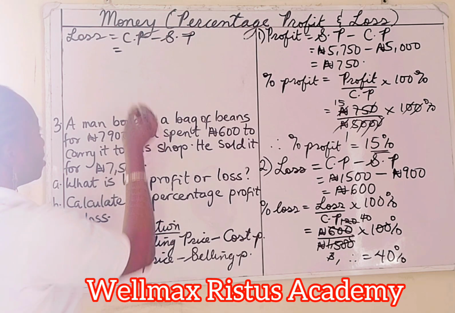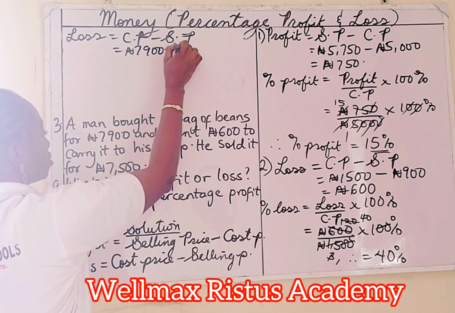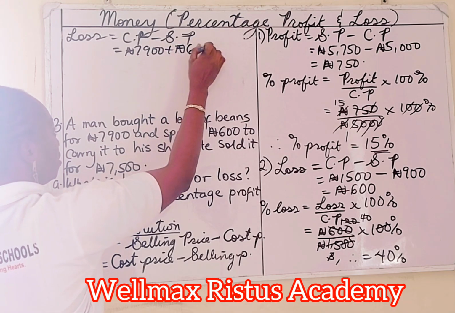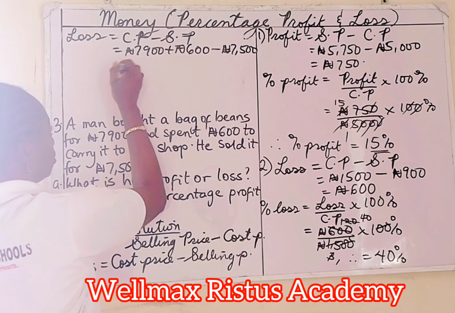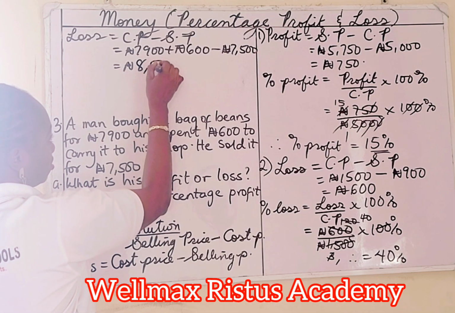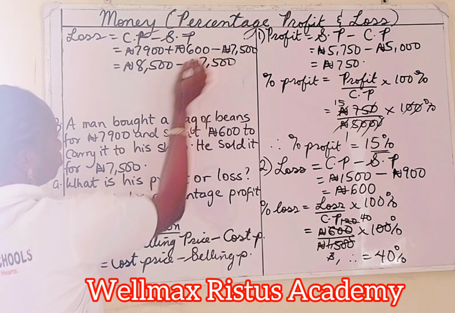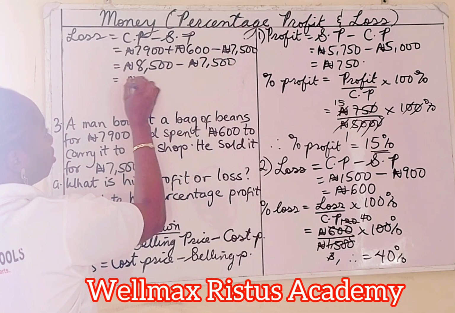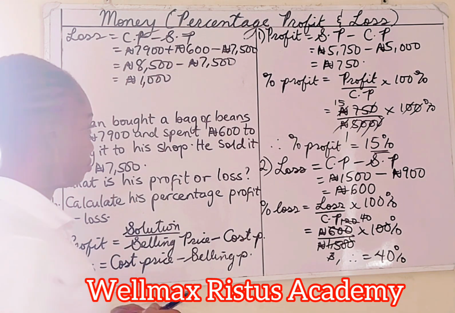And the cost price is what? 7,900 plus 600 naira minus 7,500. Now this gives us what? 8,500 minus 7,500. And this is 1,000 naira. So you made a loss of 1,000 naira.